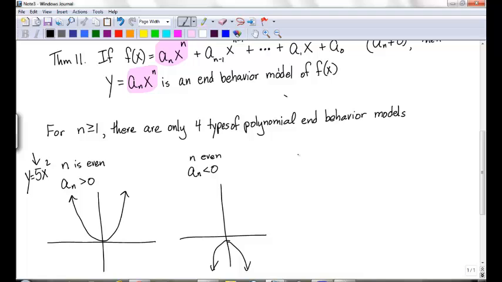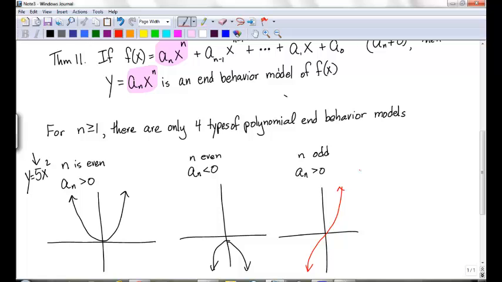If n is odd, like y equals x cubed, y equals x to the 5th. If the a sub n is positive, and most of these you already know, it's going to open like this. Y equals x cubed.